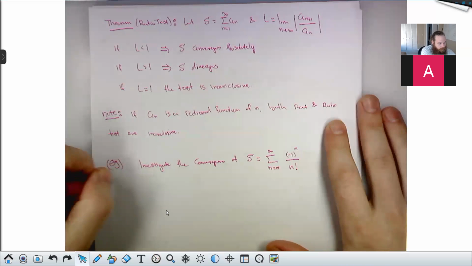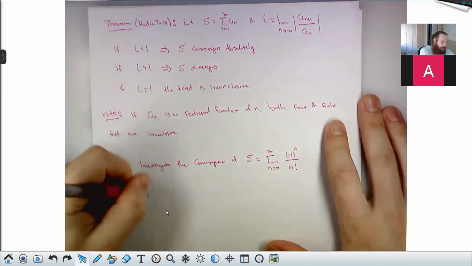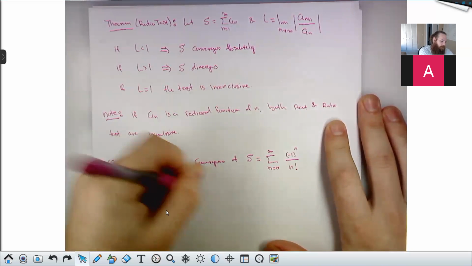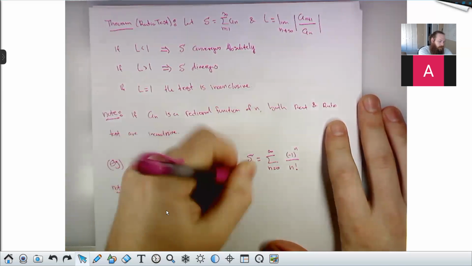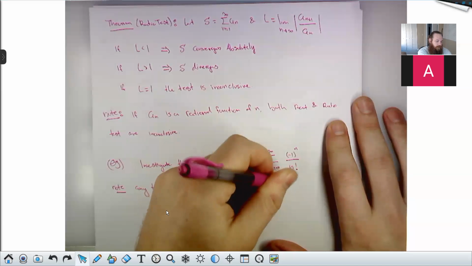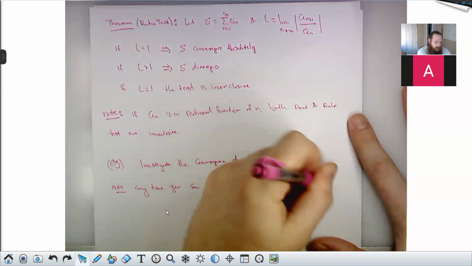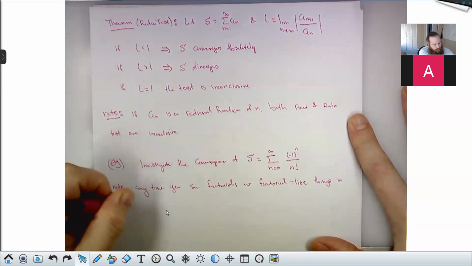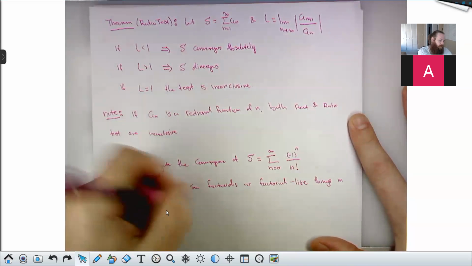And another note here: anytime you see factorials or factorial-like things in a series, try the ratio test.